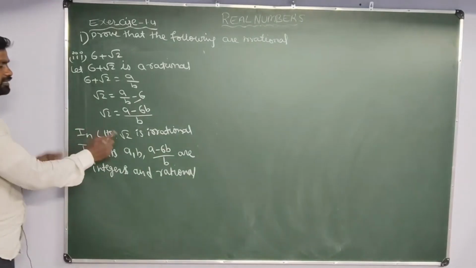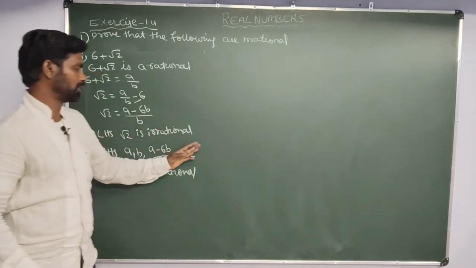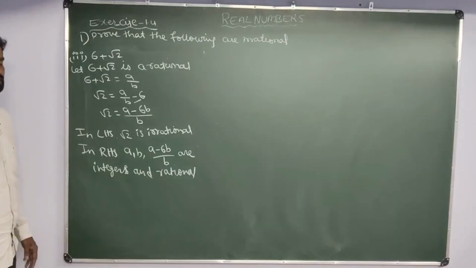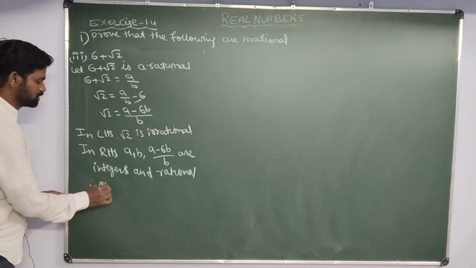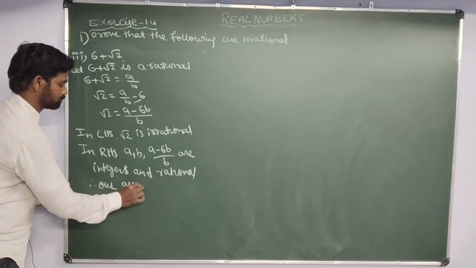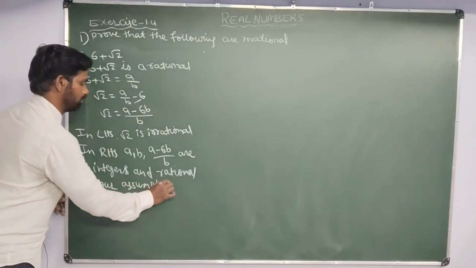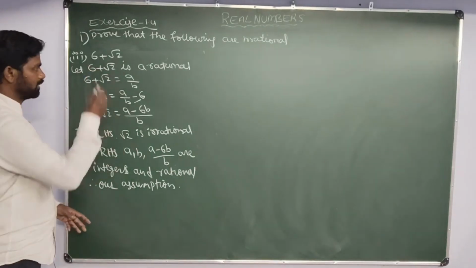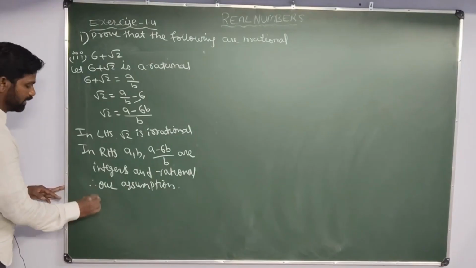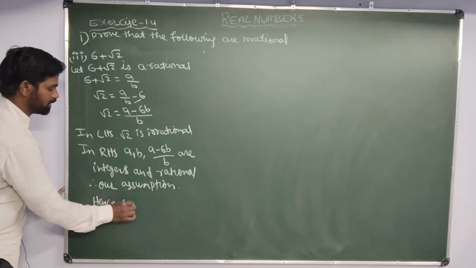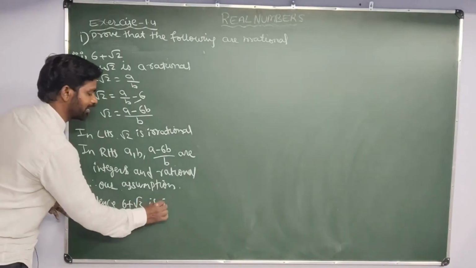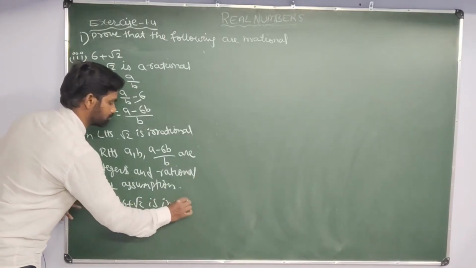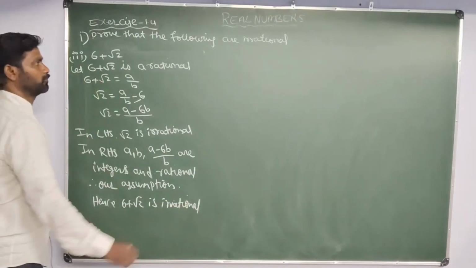So in LHS we are getting an irrational number, in RHS we are getting a rational number. Therefore our assumption is wrong. So what was our assumption? 6 plus root 2 is a rational number. That is wrong. Hence we can say that 6 plus root 2 is irrational. That is the proof.